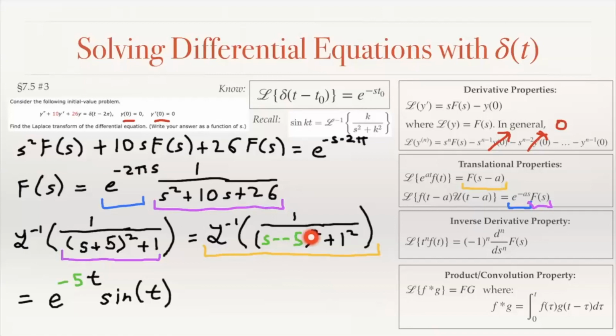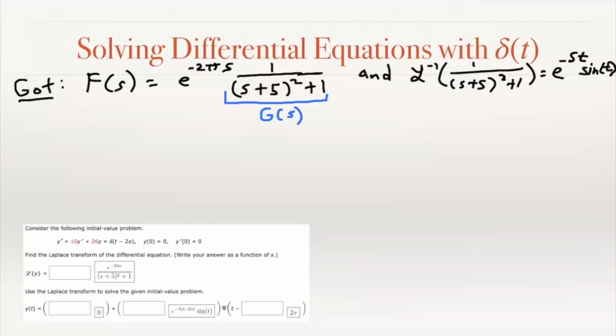Since this is 1 over s squared plus 1 squared, the sine of t, but translated to the left by 5, employing this, we just stick that e to the negative 5t in front. So we got that F of s is that, and that the inverse transform of this part was e to the negative 5t times sine of t.